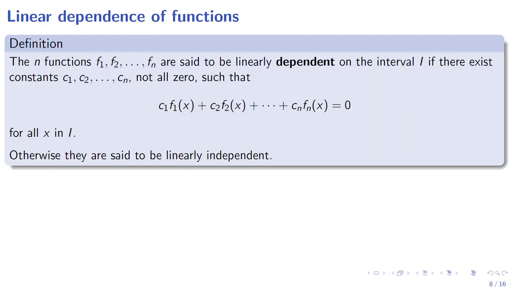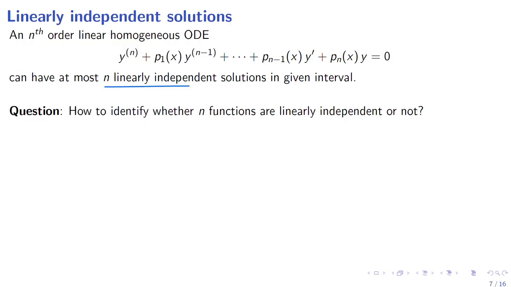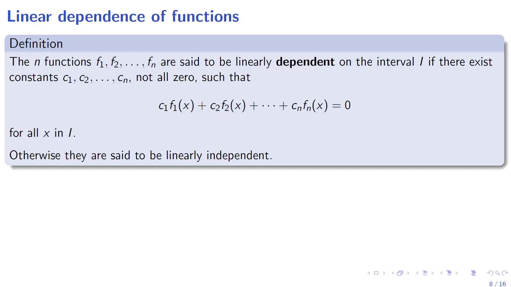Okay, so before that, we'll come back to that later on. Now, let's look at the meaning of linearly dependent or linearly independent for n different functions. Here's the definition. Let's say we have n functions, f1, f2, f3, likewise, all the way up to fn.